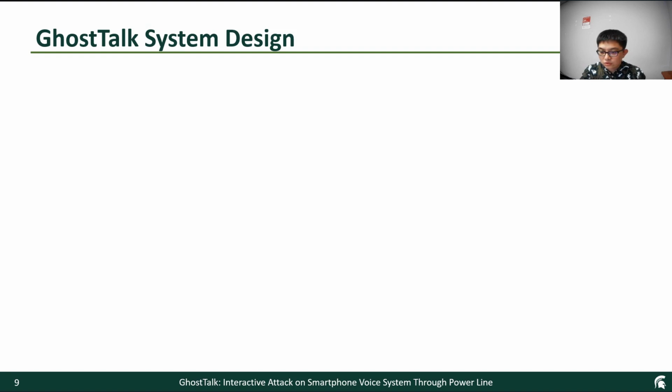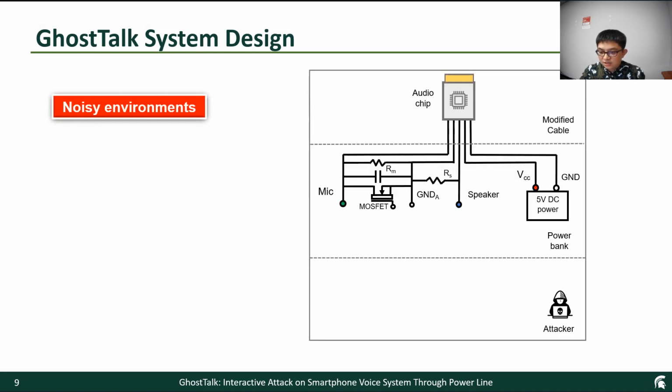We give the GhostTalk attack system design. As we discussed in previous slides, there are three main challenges for existing inaudible voice commands. The first one is the robustness in noisy environments. For the GhostTalk attack, the signal is transmitted over the cable. Therefore, outside noise has no impact on the electric signal, and the attack can maintain high performance in noisy environments.